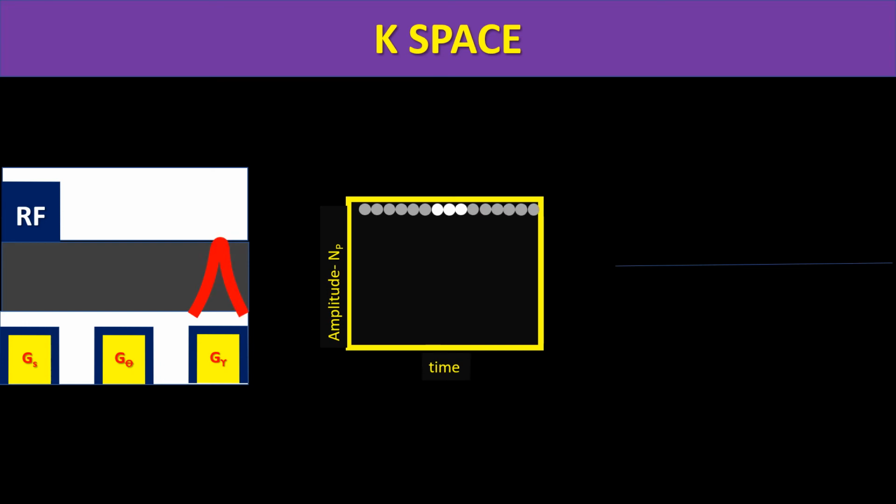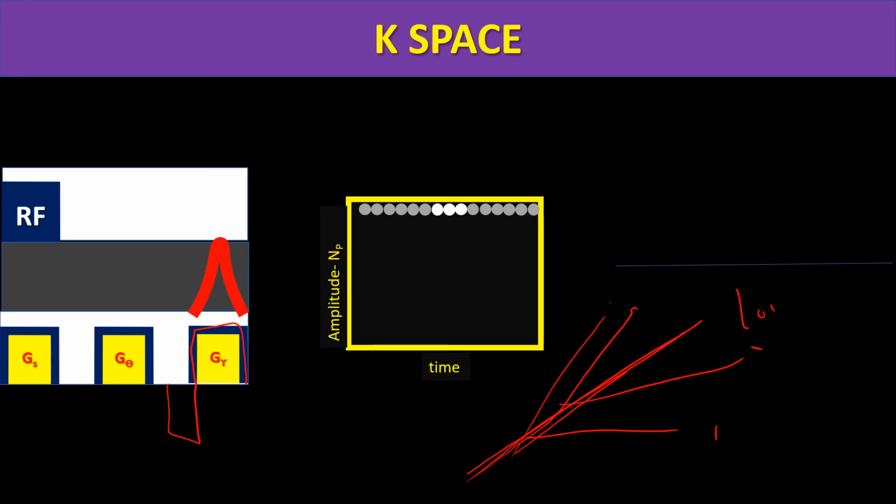Now as we have seen in frequency encoding, the signal will be rising first and then falling down, because we don't give the frequency encoding directly. What we do is give a frequency encoding in the opposite direction first. Whenever we encode any part with a frequency encoding, they will undergo dephasing, and there will be loss of signal.